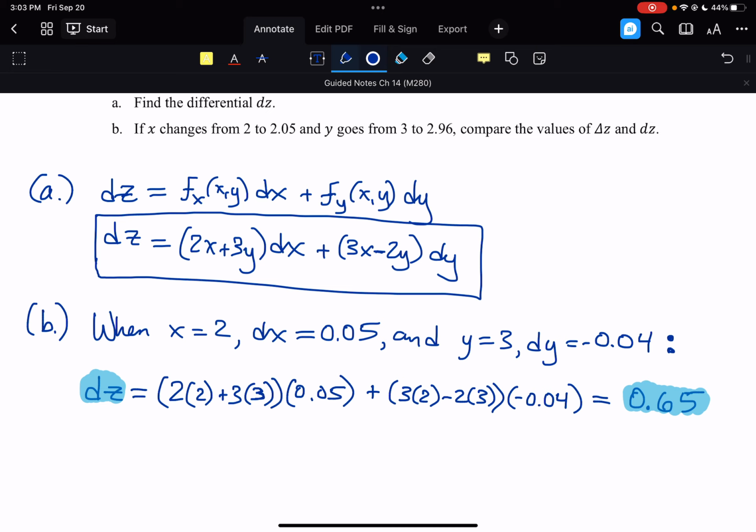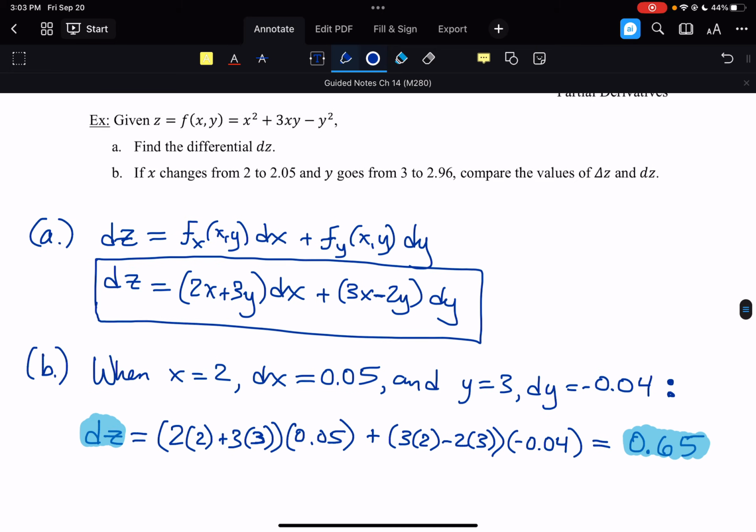Okay, so the change in function value from 2, 3 to the point 2.05 comma 2.96, the change in output is approximately 0.65. Okay, so it's 0.65 on the plane, not on the actual surface.